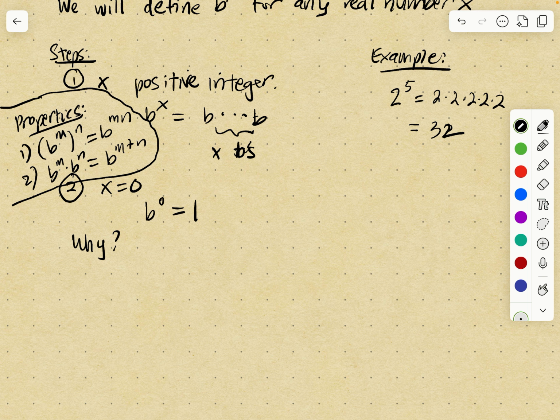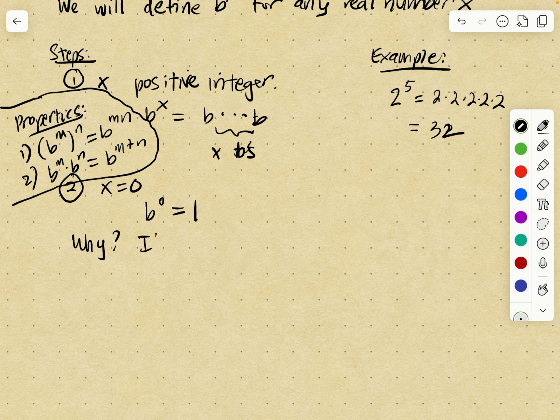So the question we ask is, what would you have to define b to the 0 to be in order for the properties to hold when m and n could be 0?